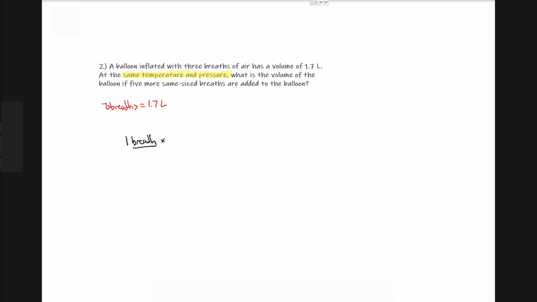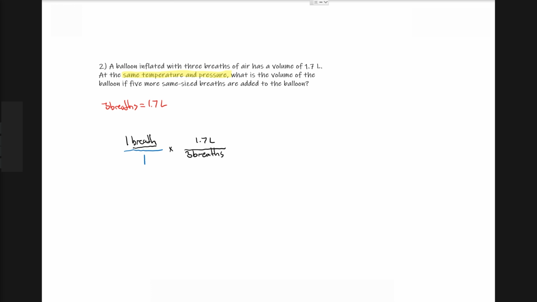You can think of this entire thing as being over 1. So one breath times, actually, let me go ahead and put the times down here so it's a little bit more clear. One breath times 3 breaths on bottom is equal to 1.7 liters. So do you see what I've done here?